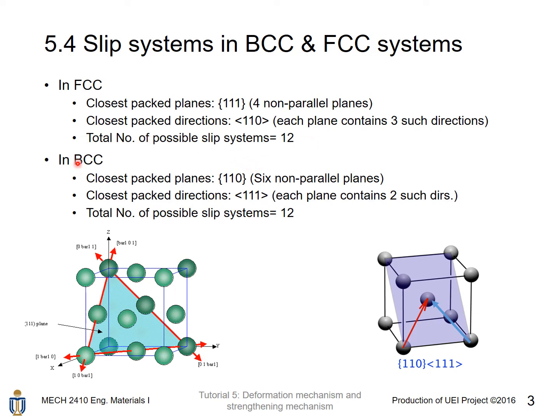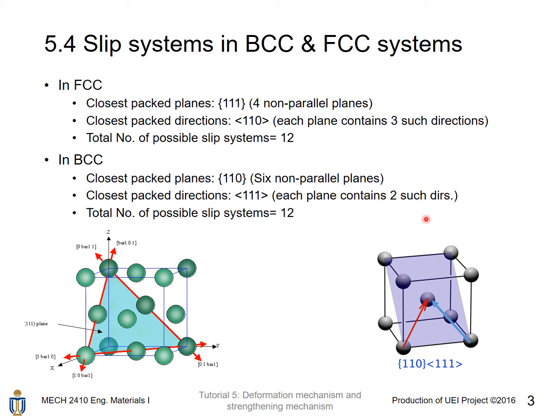In body centered cubic, we can see here in the picture on the right, the closest packed planes are 1,1,0, in the shape of a rectangle, and there are 6 non-parallel planes of 1,1,0, and the closest packed directions are the 1,1,1 family of directions, and for each 1,1,0 plane there are only 2 such directions.